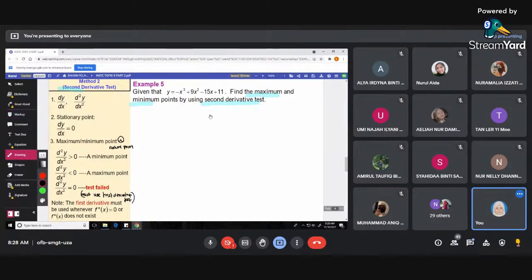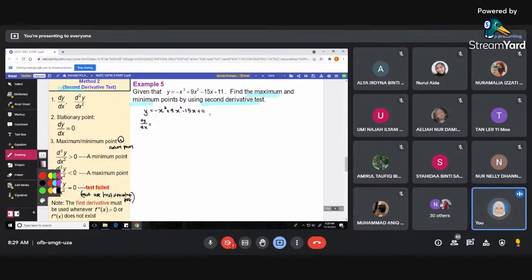Okay. So, because this is using second derivative test, first we rewrite balik equation. And then, we need to differentiate twice lah. First, find dy dx.